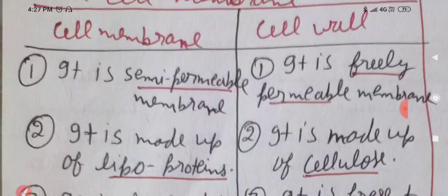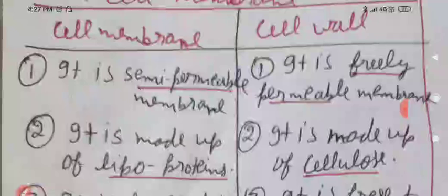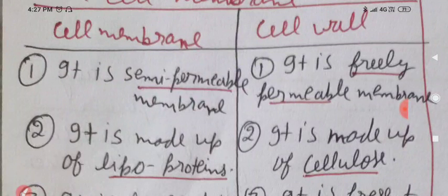Second point, you see, the cell membrane is made up of lipoproteins, and the cell wall is made up of cellulose. Clear, all of you?